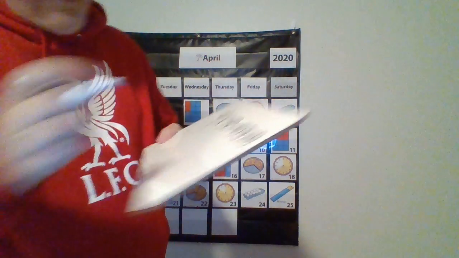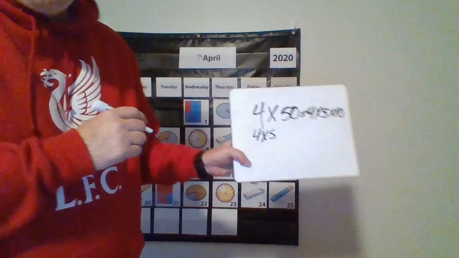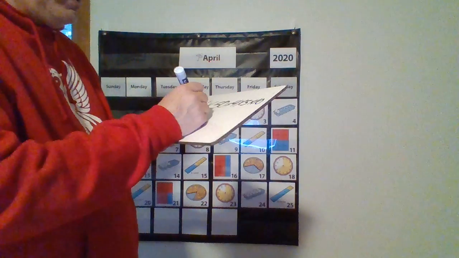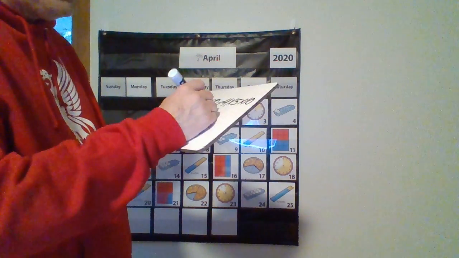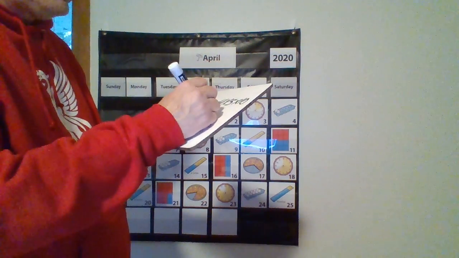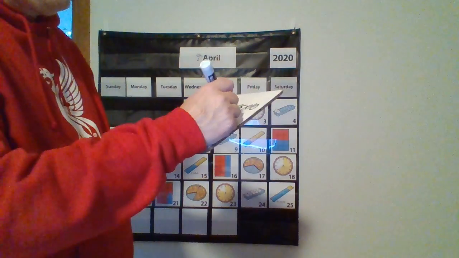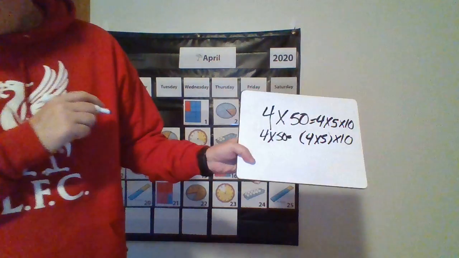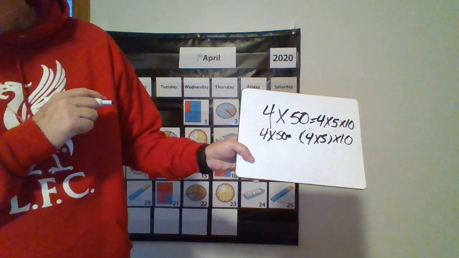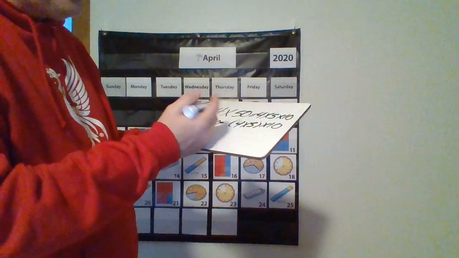So we have 4 times 5. I'm going to write out my 4 times 5. Then I'm going to do a parentheses separating this part of the equation. 4 times 5 times 10. All right. So we have 4 times 50.